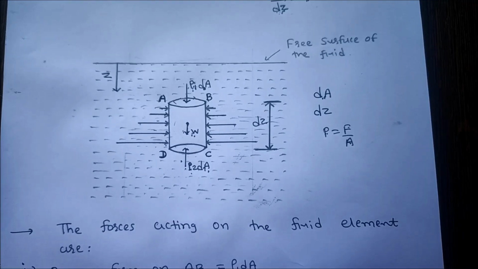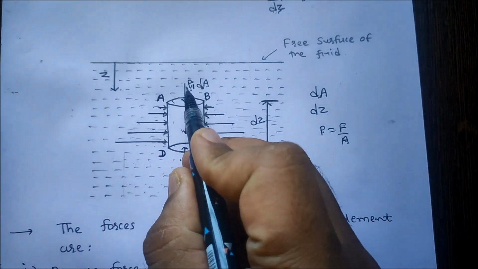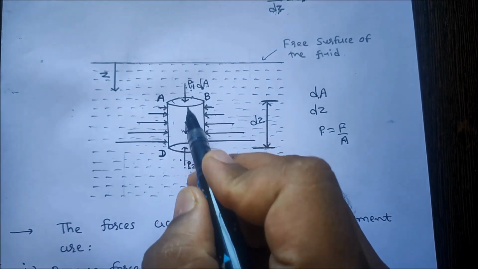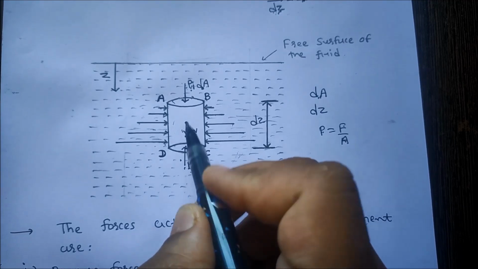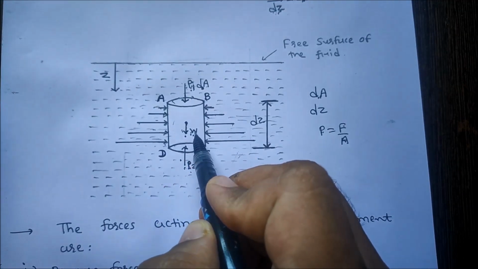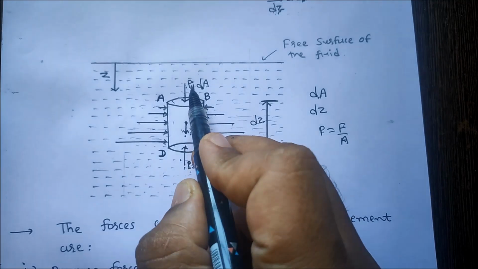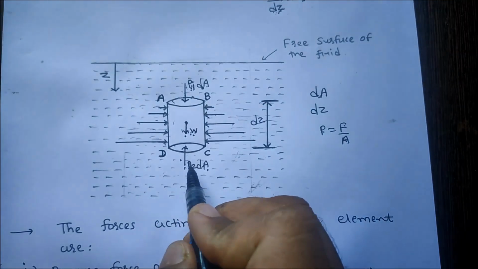Here the fluid element is at rest. So consider equilibrium of fluid element. What is the condition for equilibrium? The condition of equilibrium is that summation of downward forces is equal to summation of upward forces. Here P1 dA and weight force are acting downward. So P1 dA plus W is equal to P2 dA.